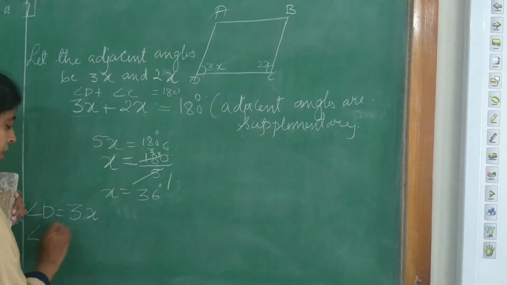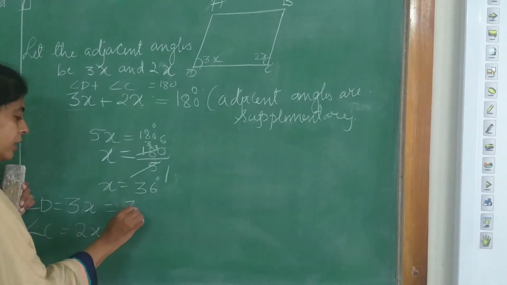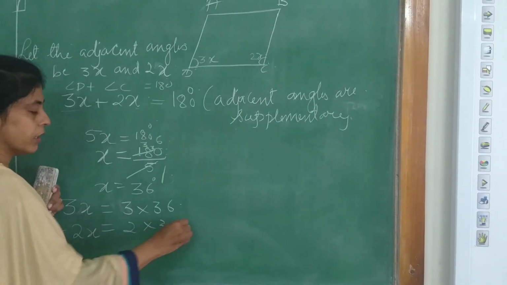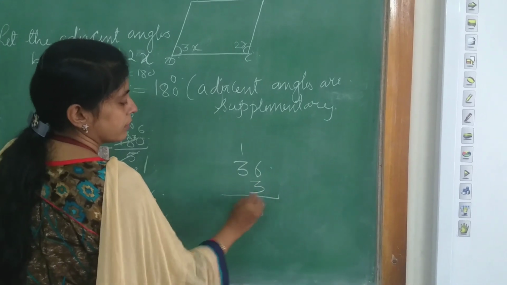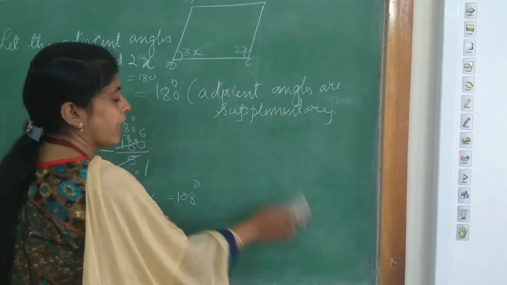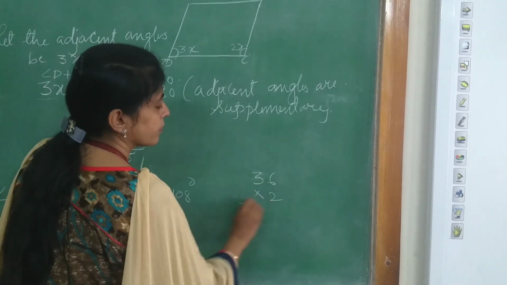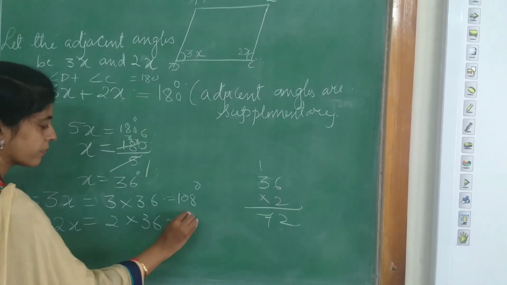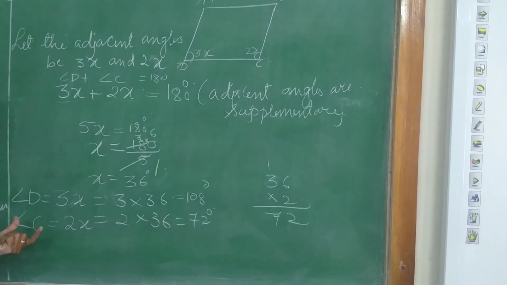So 3x is D and 2x is C. Therefore 3 into 36 and 2 into 36. 36 into 3 is 108 degrees, whereas 36 into 2 is 72. So now we have found angle C and angle D.